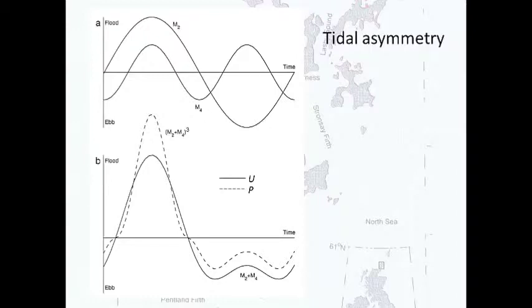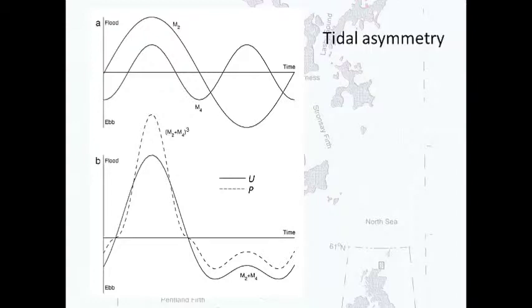So this is asymmetry just from changing the phase relationship between the M2 and M4. And again, the asymmetry is amplified if you cube the velocity, and so consider power. So you can see huge asymmetry between the flood and the ebb phase of the tide.